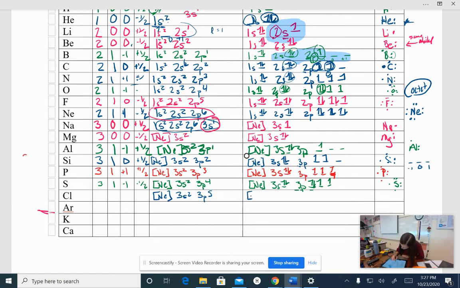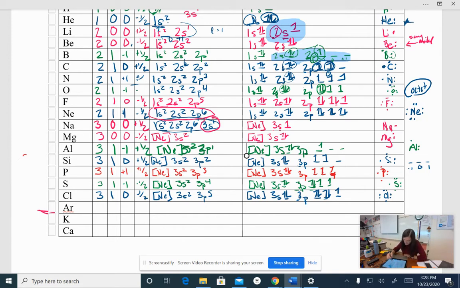Okay, so neon, 3s up and down, 3p up, down, and down to get our 5. Okay, so our dot notation for chlorine, we're going to have 2 to the right, 2 to the top, 2 to the left, and 1 on the bottom. So my quantum numbers, 3, it's a p orbital. It was in this middle orbital, so 0, and it was a down spin.